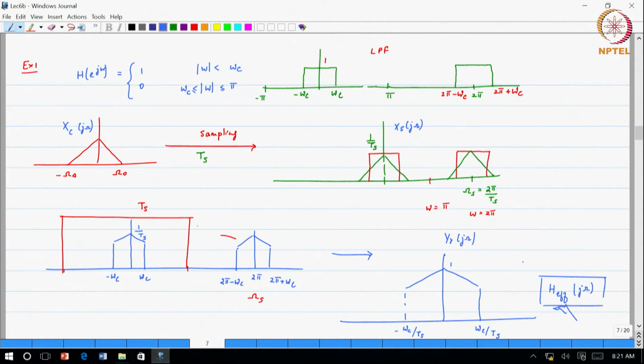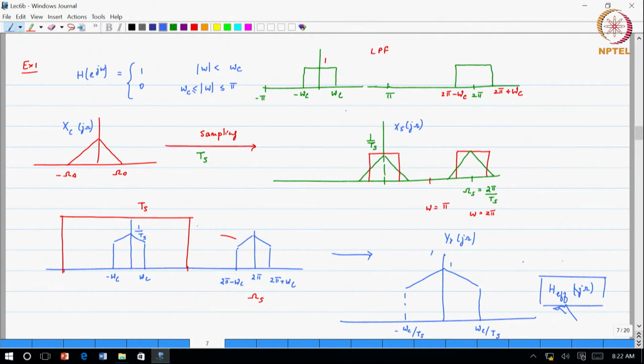Okay. Now, we said that we could map the continuous time frequency to the discrete time frequency. It is basically just multiplying the continuous time frequency by T s. So, if you multiply by T s, we find that omega s corresponds to 2 pi, and then the midway point is omega equal to pi. Now, once you have translated it into the discrete time frequency, we can take the filter and superimpose it.